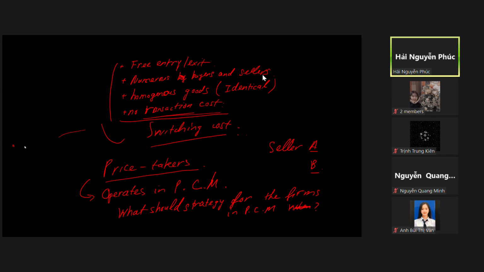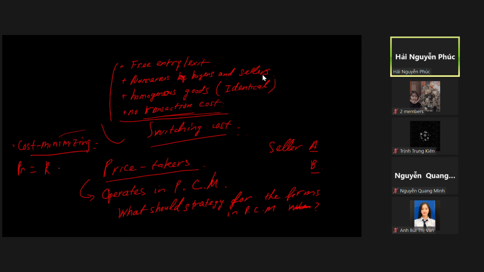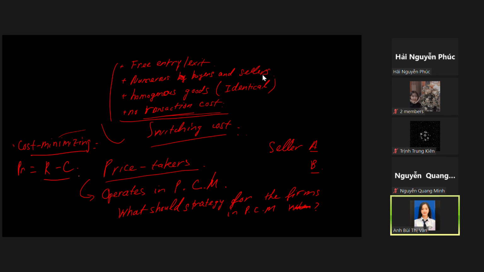Cái chiến lược ở đây được hiểu là chiến lược cost minimizing. Tại sao phải cost minimizing, tối thiểu hóa chi phí? Bởi vì chúng ta biết profit bằng revenue trừ đi cost, đúng không?